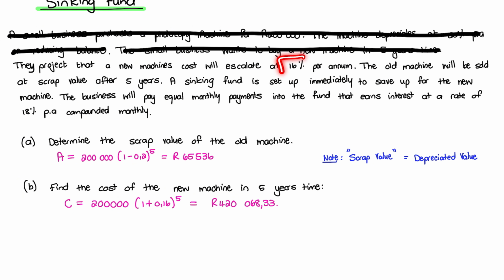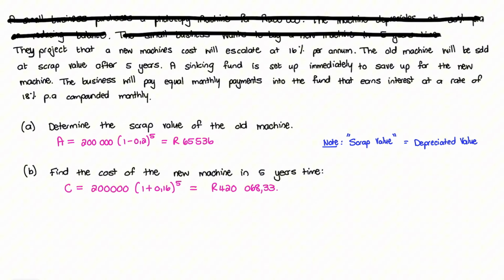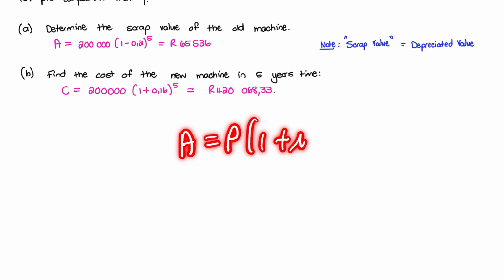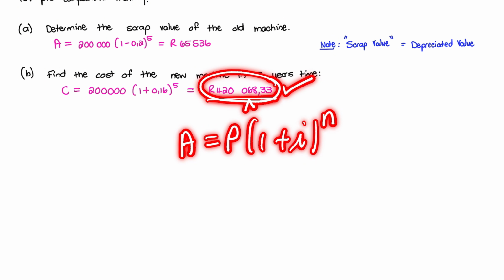So in 5 years' time, this is an inflation rate that we need to apply. So the machine is 200,000 Rand, and if a new machine's price escalates at 16% per annum, we can use our formula for compound interest to find the projected value of the new machine.